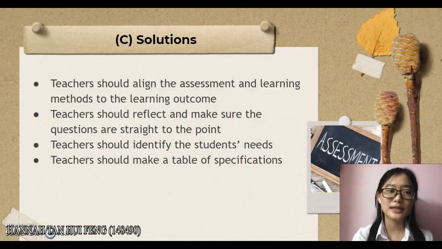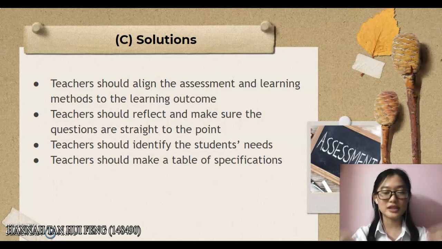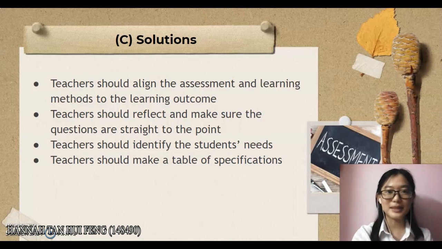So the solution to this is that teachers should align the assessment and learning methods to the learning outcome. Whenever the teacher thinks of assessment, they will have to think of the learning outcome, like what the teacher wants the student to learn, and what the students are required to produce, and then the assessment must be based on that.